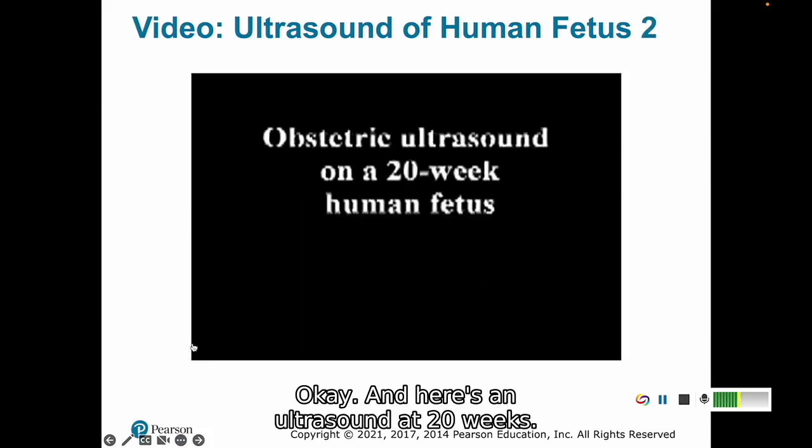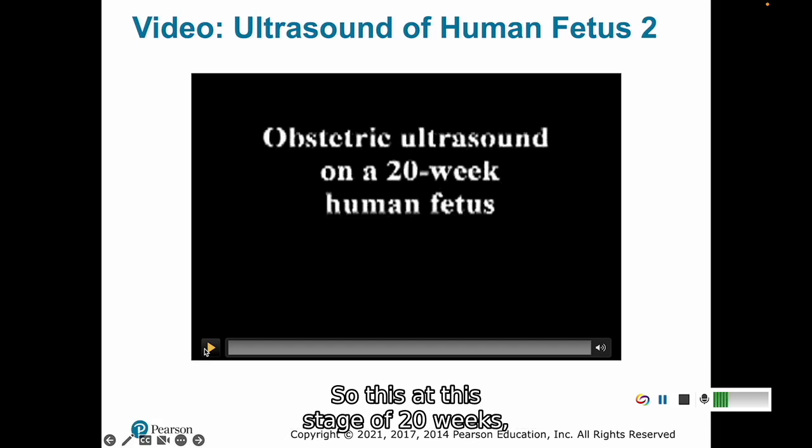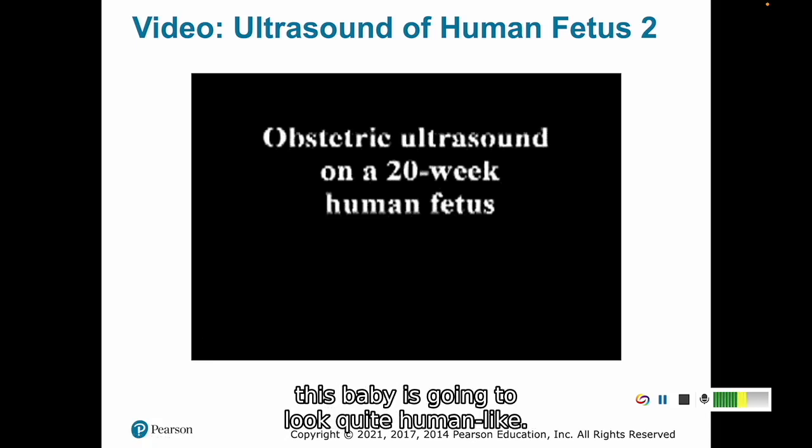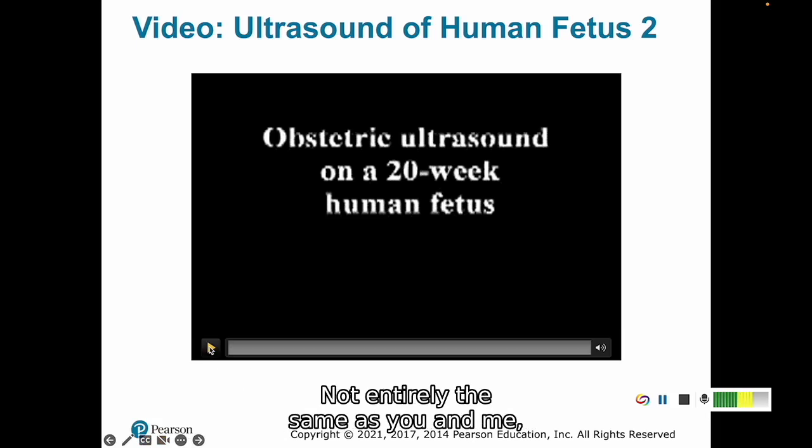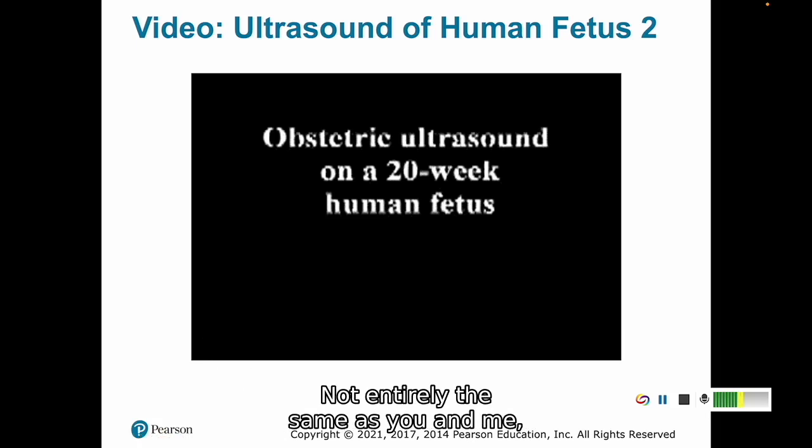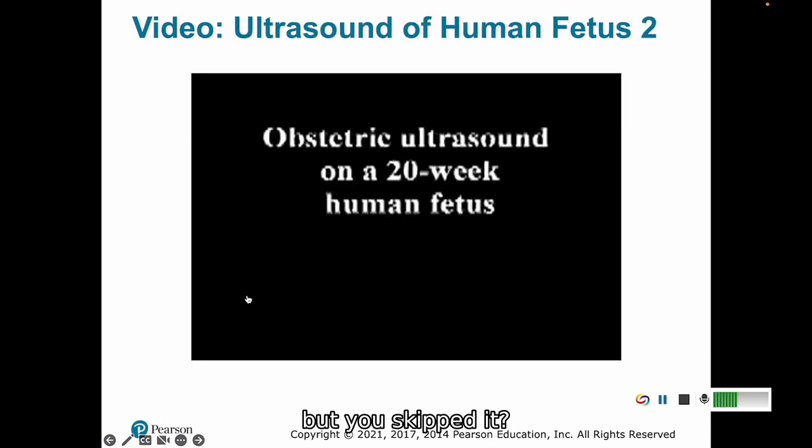Okay, and here's an ultrasound at 20 weeks. So at this stage of 20 weeks, this baby is going to look quite human-like, not entirely the same as you and me.